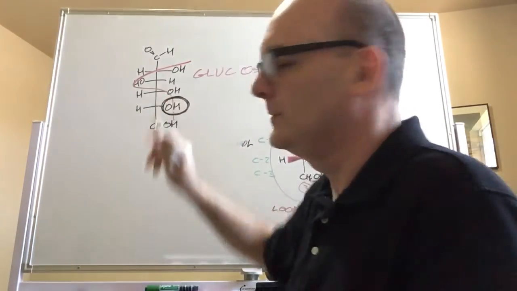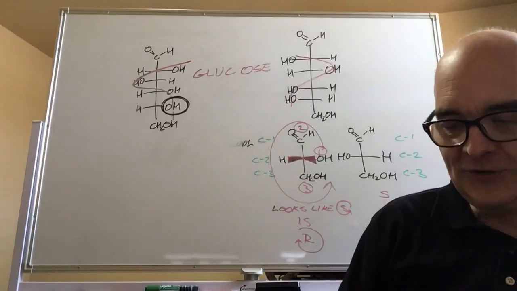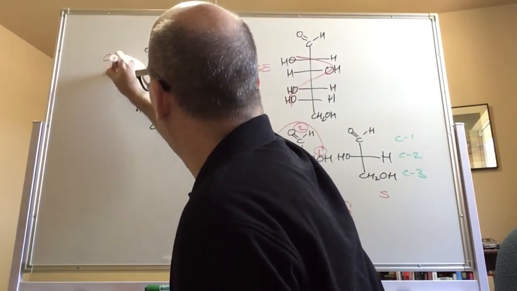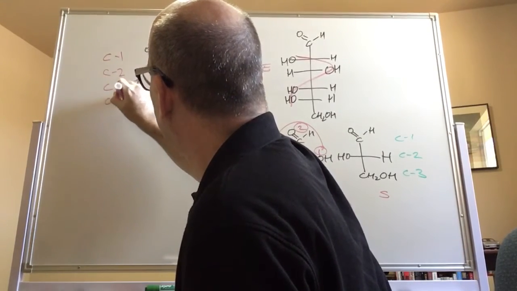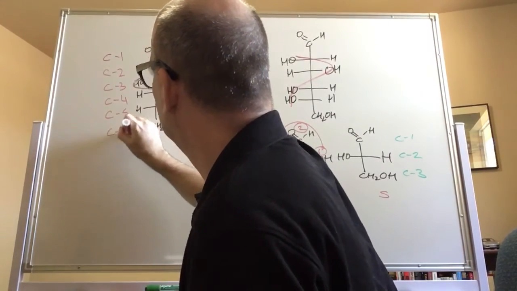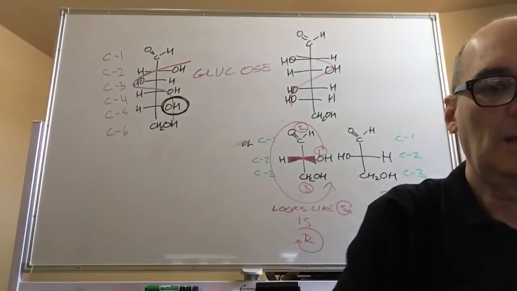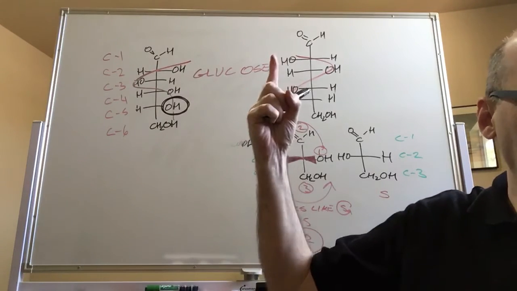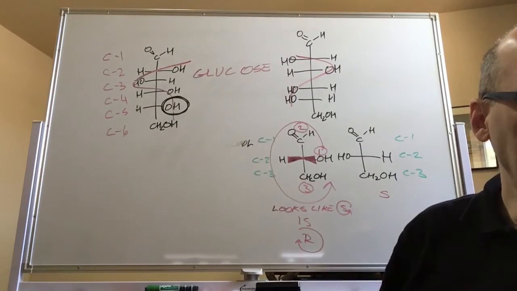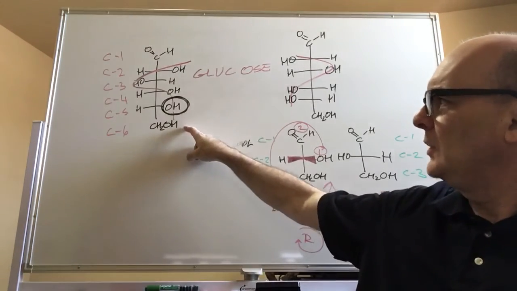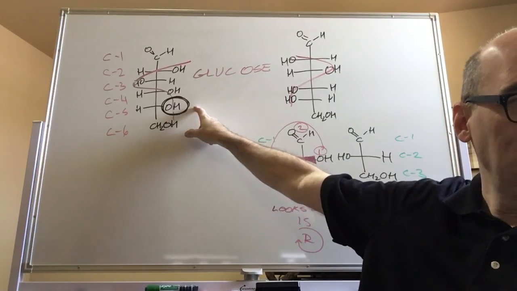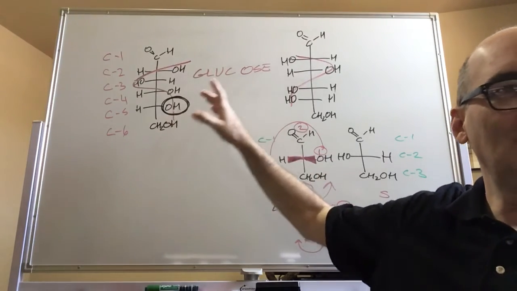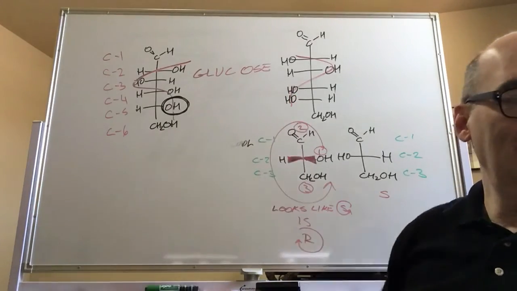It's really important. When we look at sugars, we read sugars from the bottom up, not from the top down. The bottommost chirality center in a molecule determines which group it belongs to.